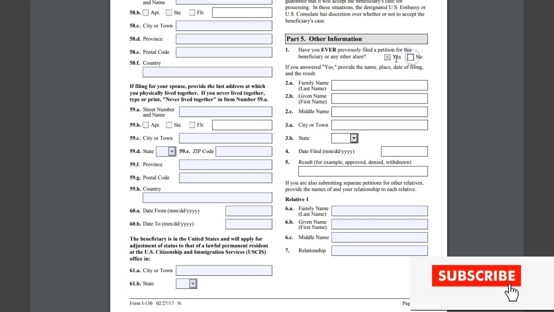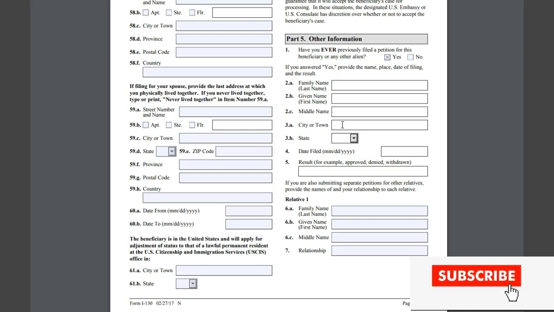But if in the past you filed for a relative, or if you filed for this person, you will put yes, and as you understand, the last name of this person, first name, city or town. That's a problem. Sometimes people ask what they are talking about when they say city or town. Basically, they are asking, let's say you live right now in Orlando, the city where you were when you filed this petition.